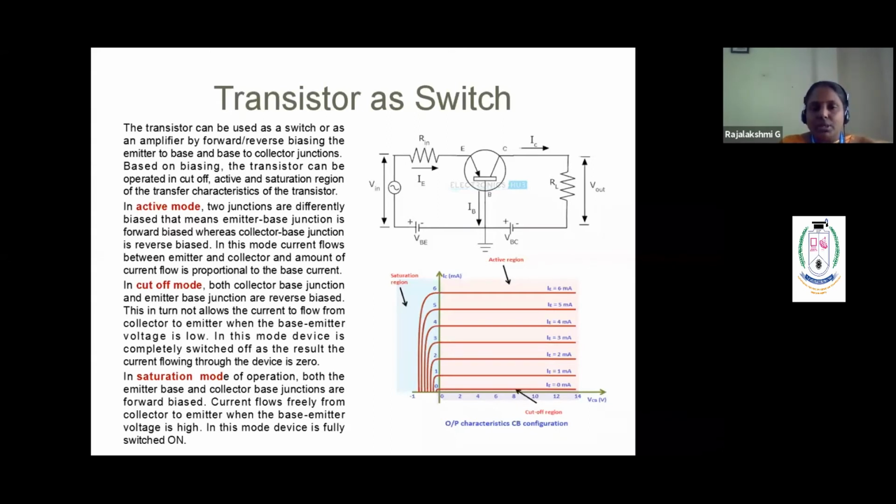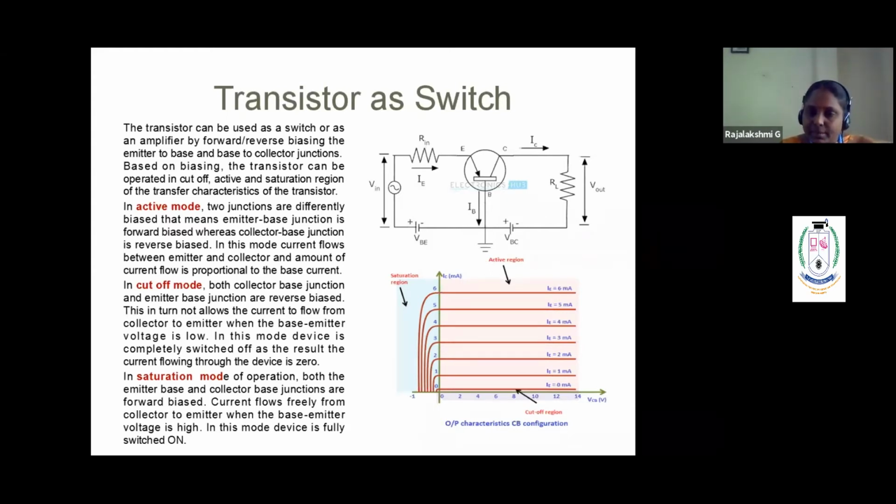Next is saturation mode. Here both the junctions, emitter base and collector base, are forward biased. So current flows freely from collector to emitter when the emitter voltage is high. That is why you can see there is an increment, slowly it is increasing.